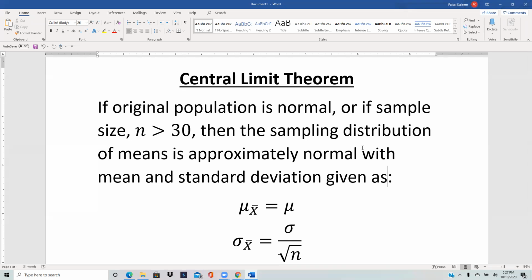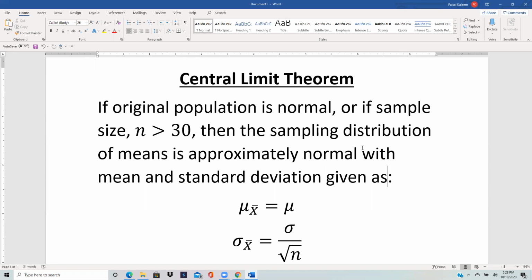Normally we ask questions like, what is the probability that the height of a girl will be greater than 65 inches, or between 63 and 68 inches, things like that.